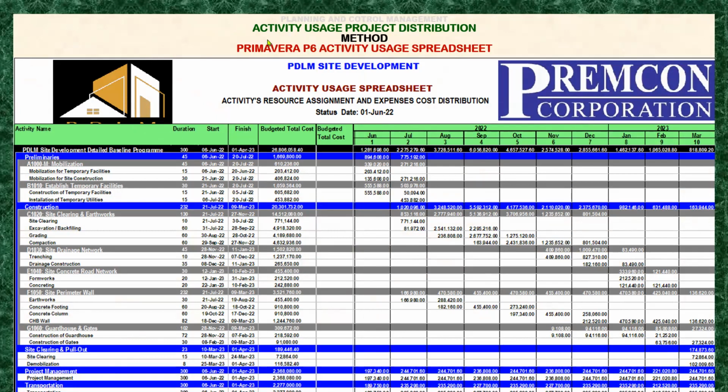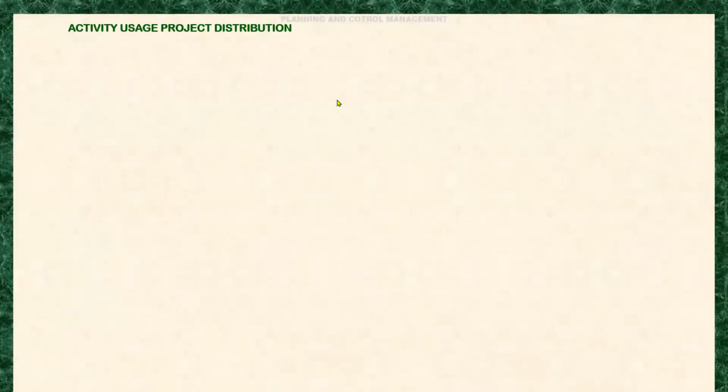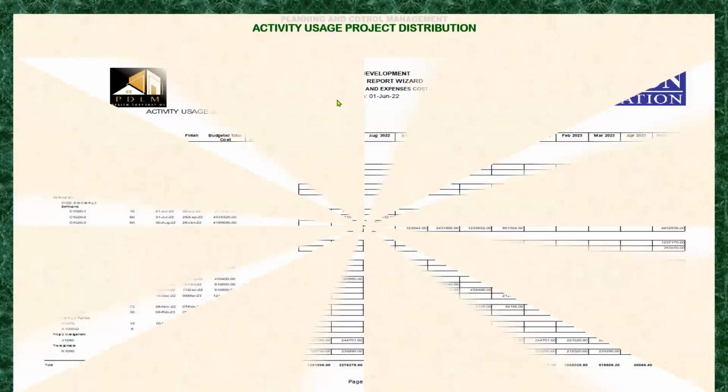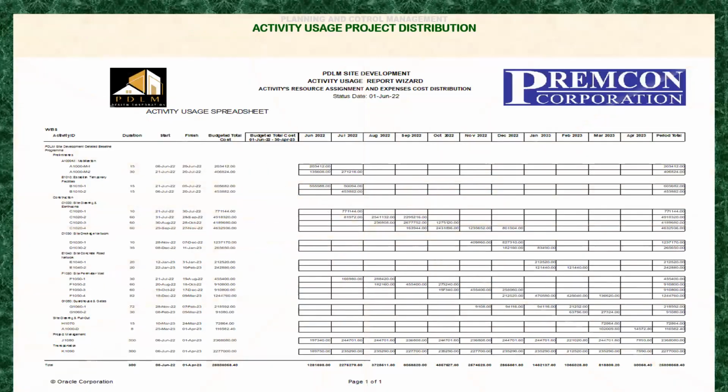Primavera is still the one used in here. Next is activity usage project distribution, and the method used here is the Primavera P6 report wizard.